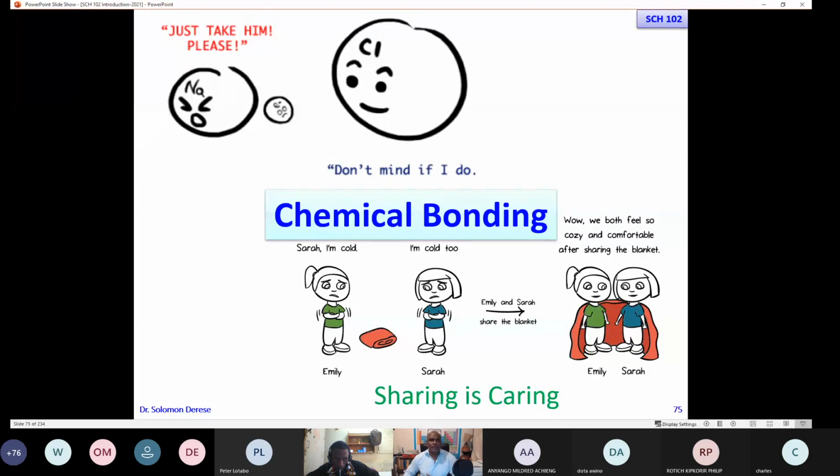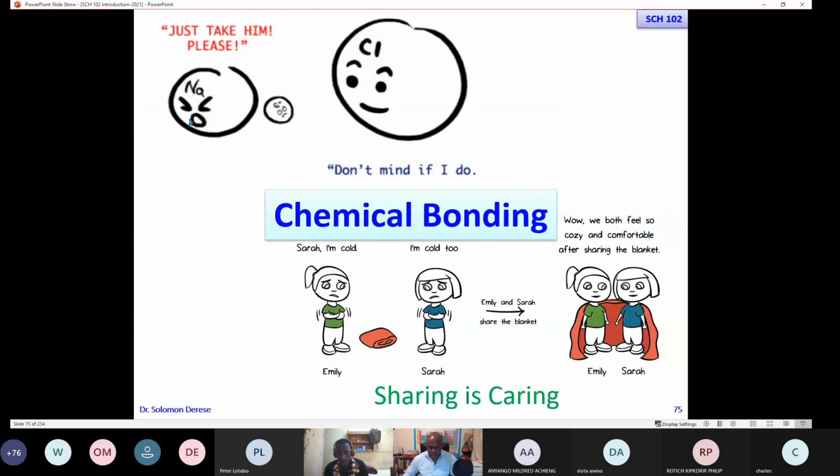For example, take this situation, what I have on top. The cartoon is showing, on this side, an atom that is not happy, sodium, with a gloomy face. And then on this side, you have chlorine that is eyeing this electron, really inviting this electron to come to it.